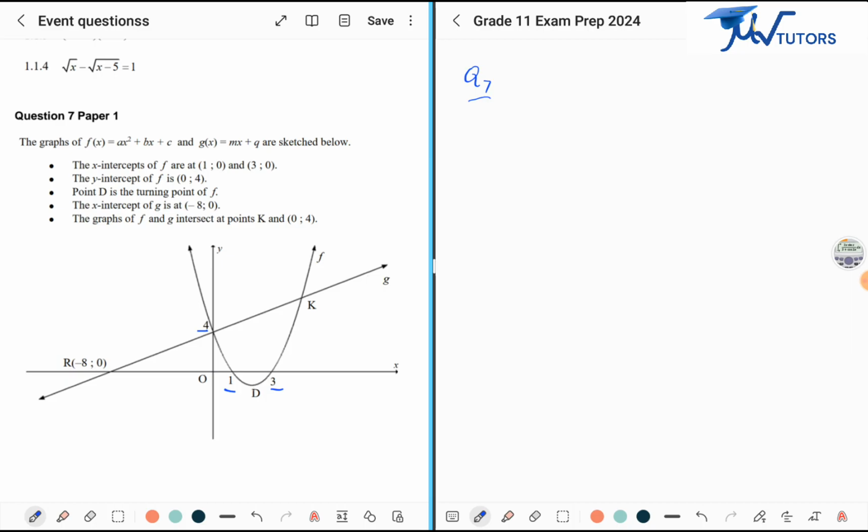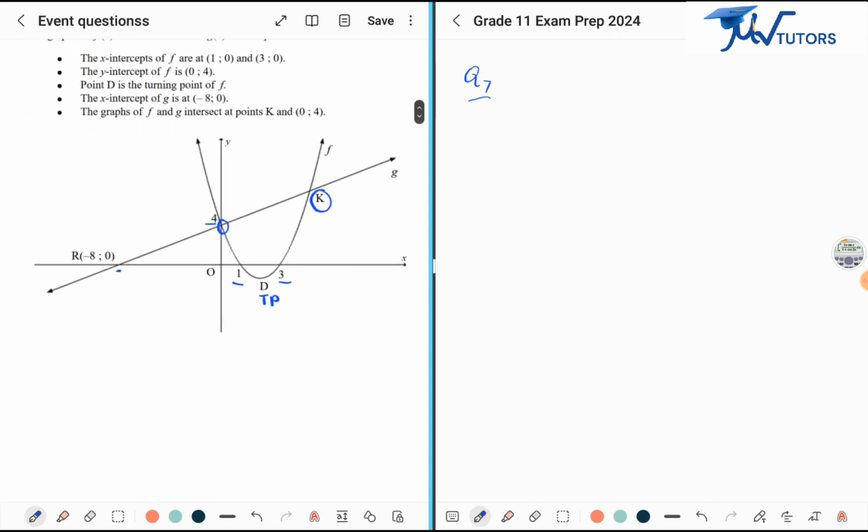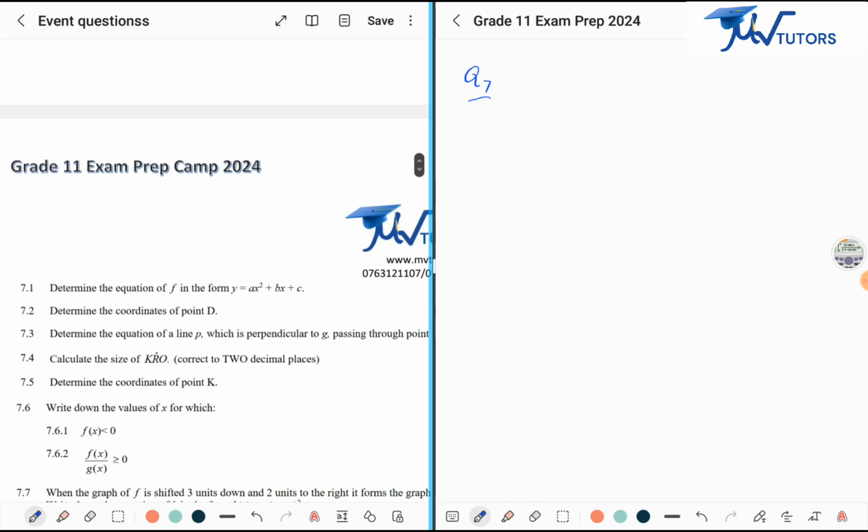Point D is the turning point of f. The x-intercept of g is at -8, and the graphs of f and g intersect at points K. You can see K over here, and our y-intercept. Okay, so we can see what's going on there. Now let's get to the questions.